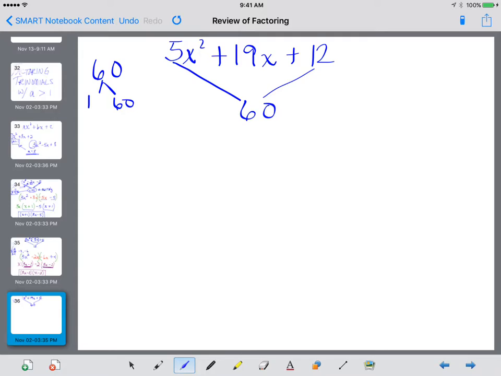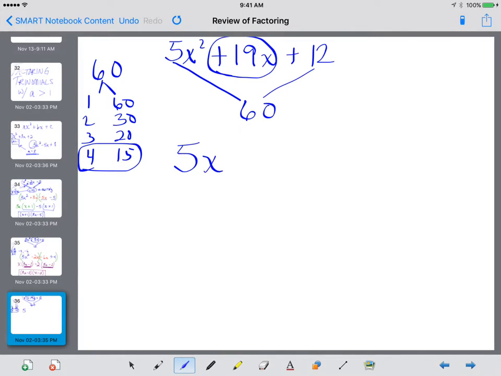There's 1 and 60, 2 and 30, 3 and 20, 4 and 15. Ooh. 4 and 15 are numbers that match up to get 19. So multiply to get 60, add to get 19. I got 4 and 15.